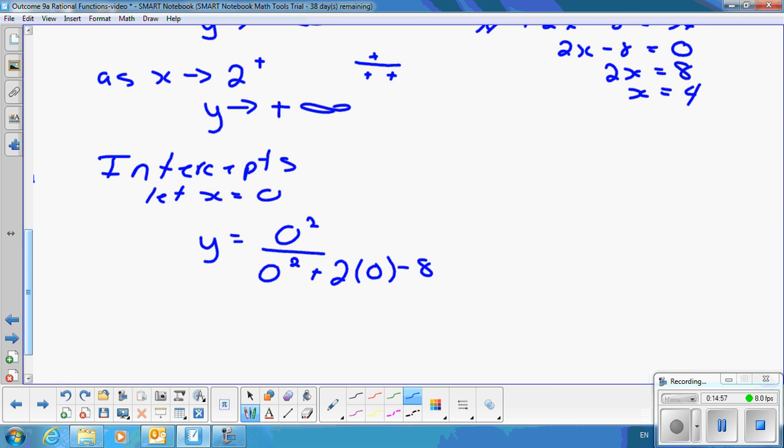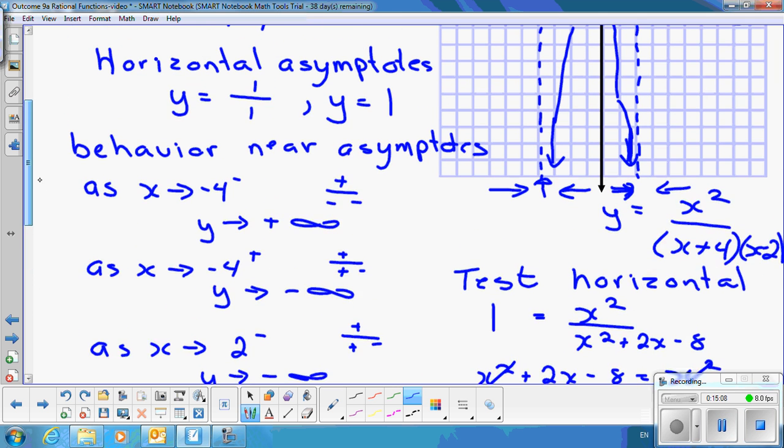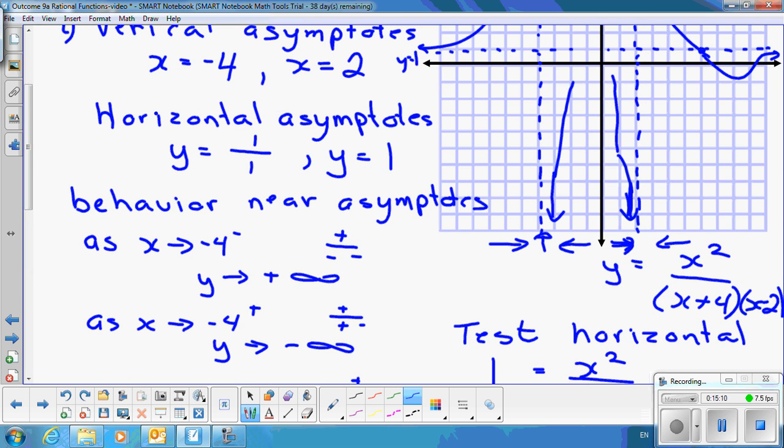Because my numerator is 0, I end up with y just being equal to 0. So my intercepts then are at the point (0, 0). What that means on my graph is that (0, 0) is the only x and y intercept, so it's going to come up, touch that point, and then come back down.